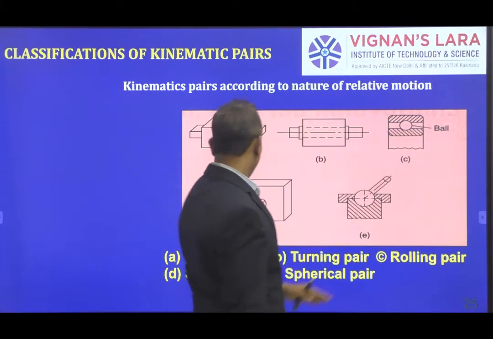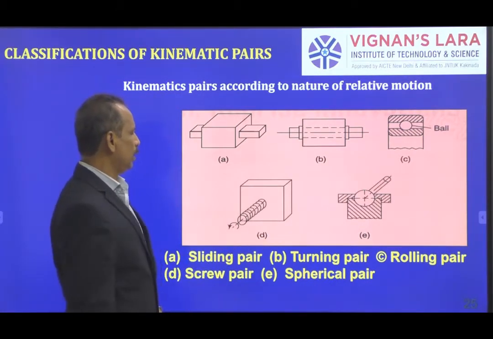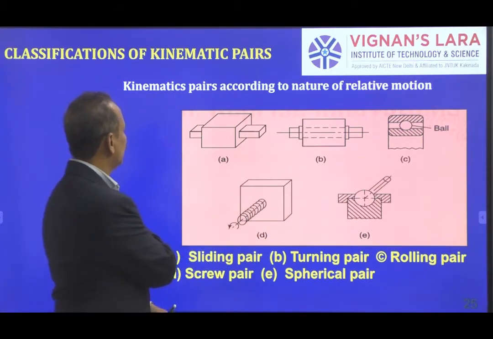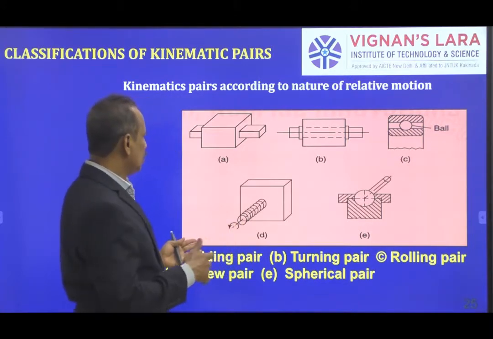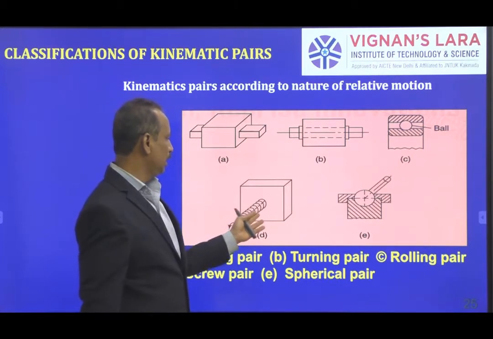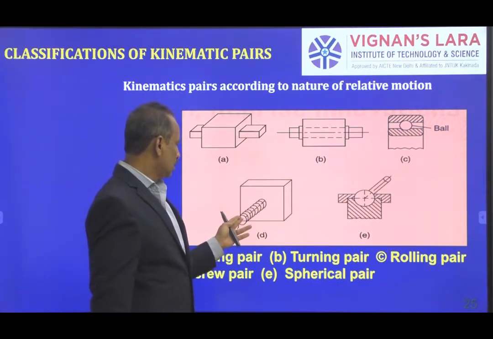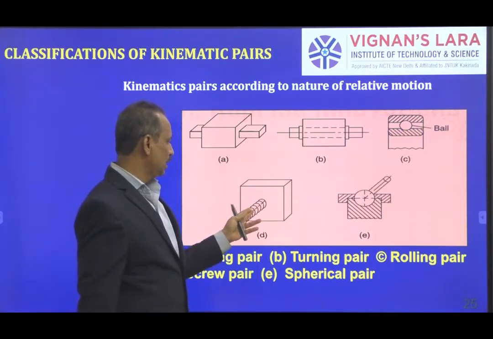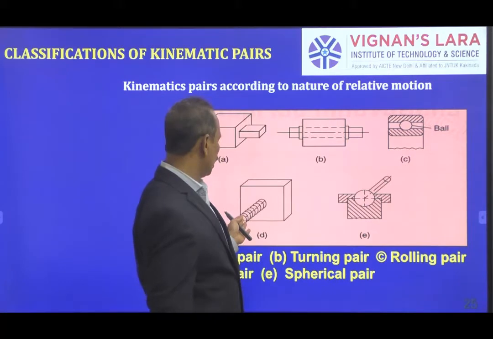Then we said screw pair and spherical pair. A screw pair is like a screw which advances as it rotates. You can see it is rotating as well as advancing. An example is a bolt and nut.